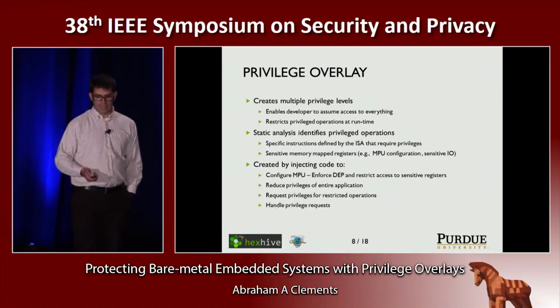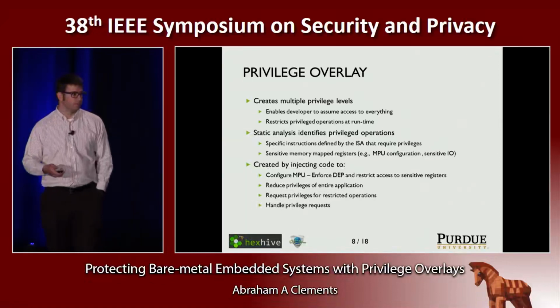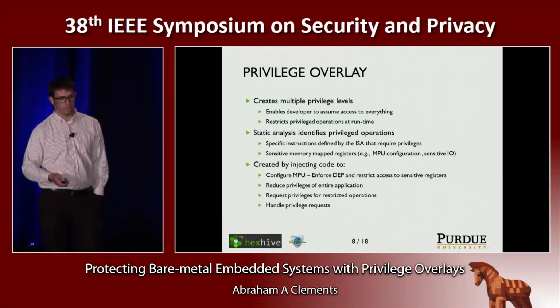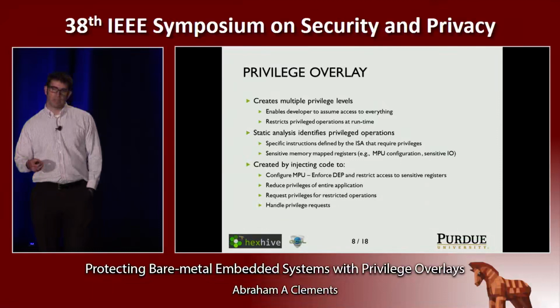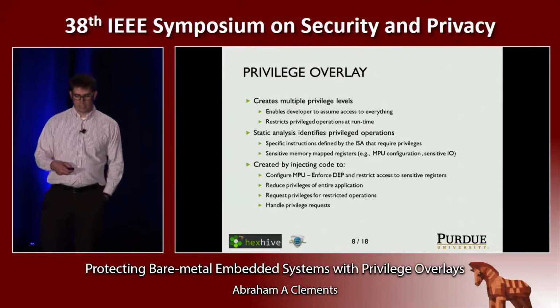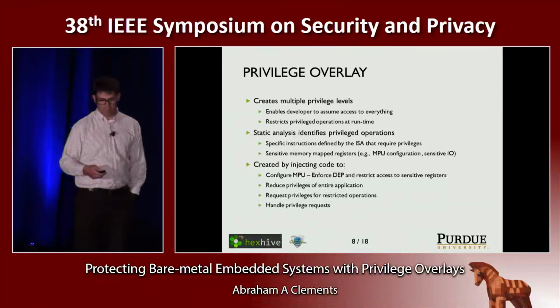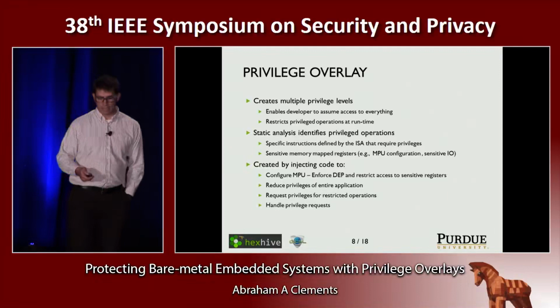And then we also identify access to any of these peripherals that require privileges. For example, the memory protection configuration unit or developer-defined sensitive I/O. So these, again, are fixed memory locations where you read and write to access these peripherals. So our static analysis identifies these reads and writes and automatically elevates privileges.